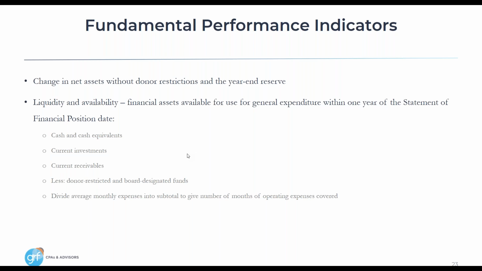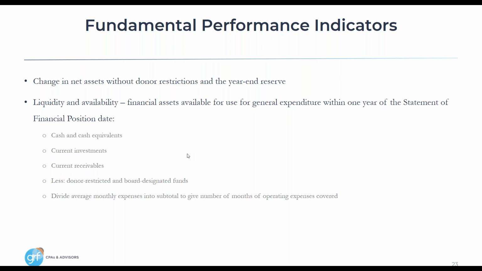One of the measures that we are now looking at as a result of the latest accounting standard is liquidity and availability. Essentially, it's a disclosure regarding the amount of financial assets that the nonprofit has to meet general expenditures within a year from the date of the statement of financial position.